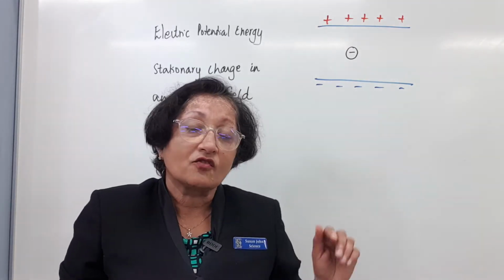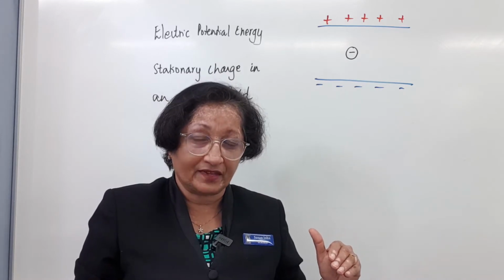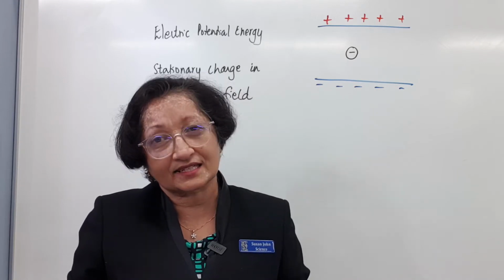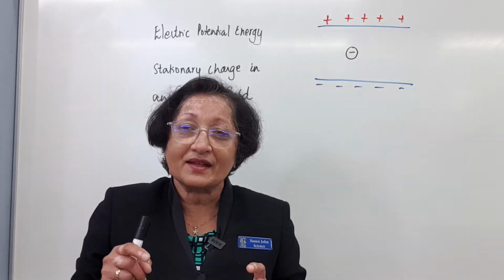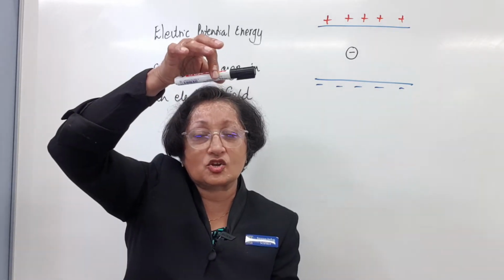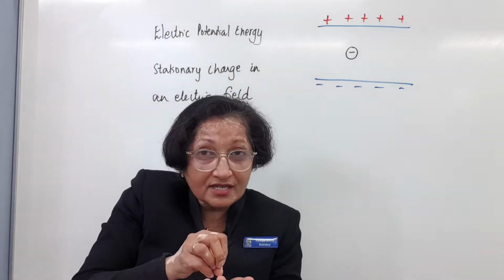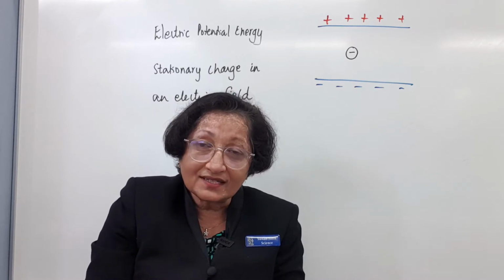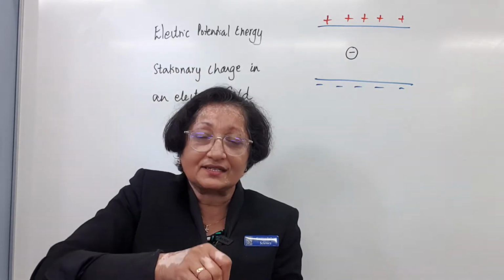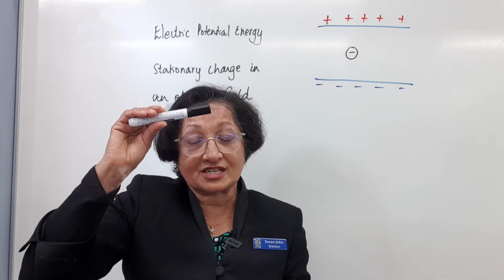Now, in order for this negative charge to gain electric potential energy, you've got to force it to do something it doesn't really like to do. It's the same analogy with gravitational potential energy. If you have something and you let it go, what would happen? It will drop and fall down because of the force of gravity pulling it down. So it's going towards the direction of the gravitational field, and when it accelerates down, it's gaining kinetic energy, but it's losing gravitational potential energy.